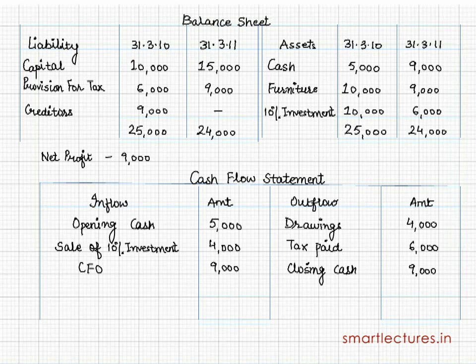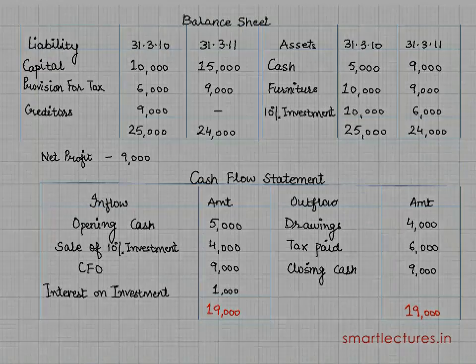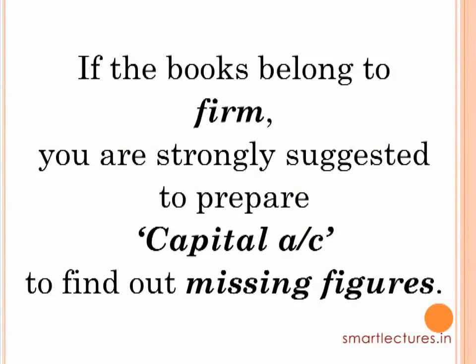If you pay any interest on long-term loans, that's a non-operating item, that will be shown on the outflow. And this is the receipt of rupees 1,000, so it will be shown on the inflow side. Interest on investment 1,000. So total on both sides 19,000, 19,000. Question is complete.